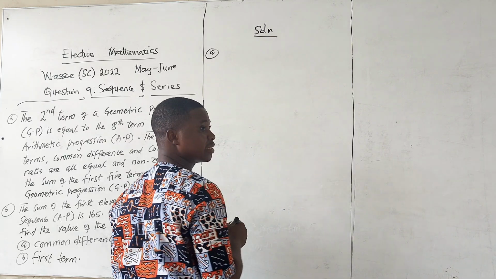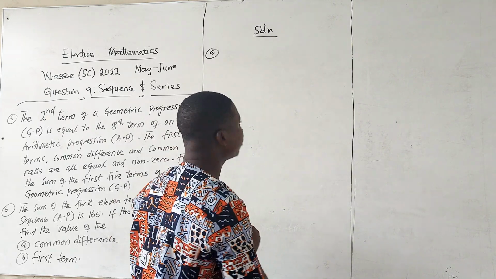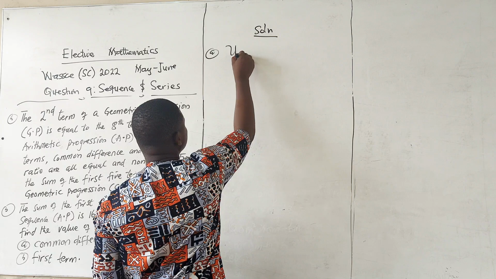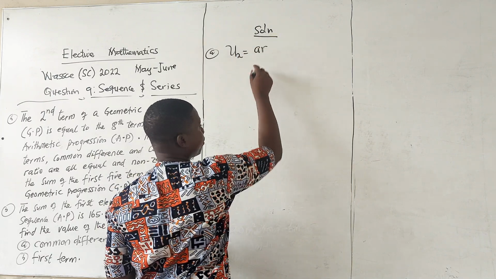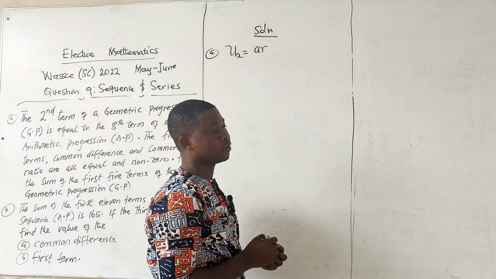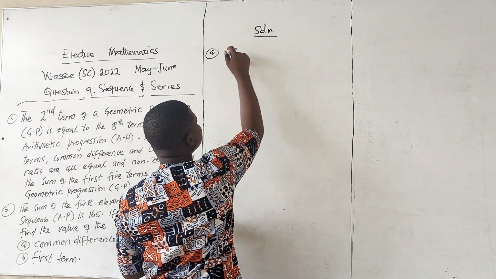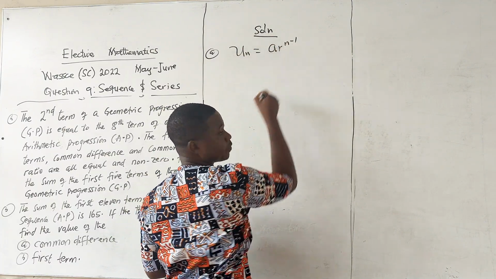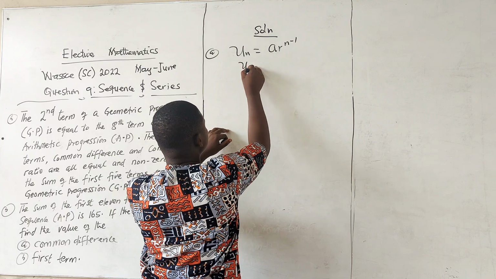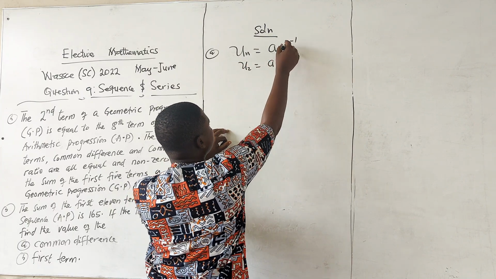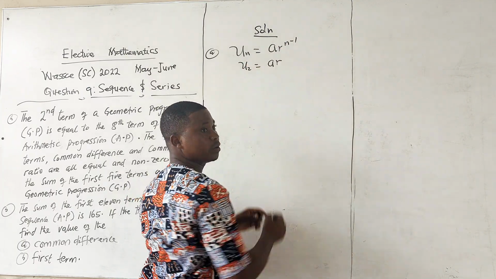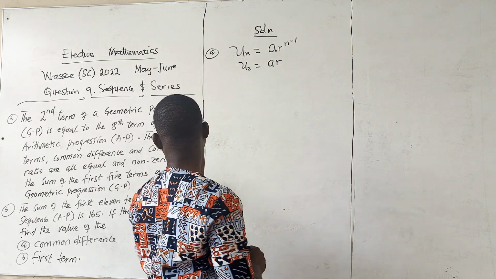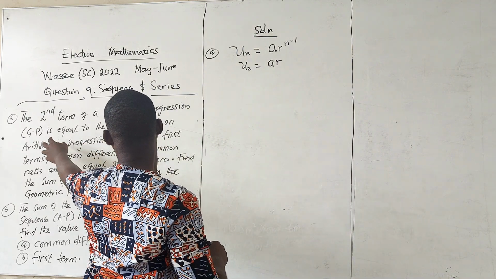We know that for a geometric progression, the second term, U2, is equal to AR, because the general term Un is equal to A R to the power n minus 1. So U2 is equal to AR, since 2 minus 1 is 1.